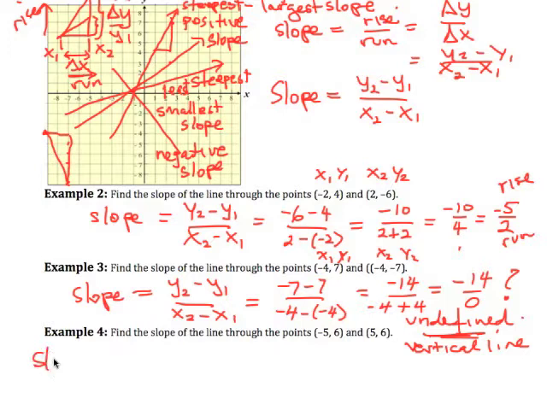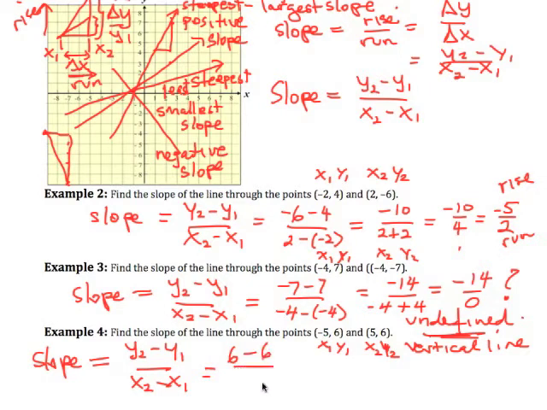Let's look at this one. And this one, again, it's y2 minus y1 over x2 minus x1. So let's call this one x1, y1, and x2, y2. So we end up with 6 subtract 6 over 5 subtract negative 5.